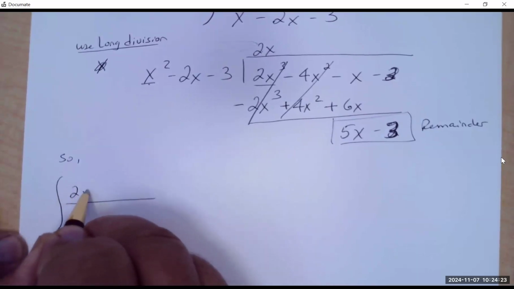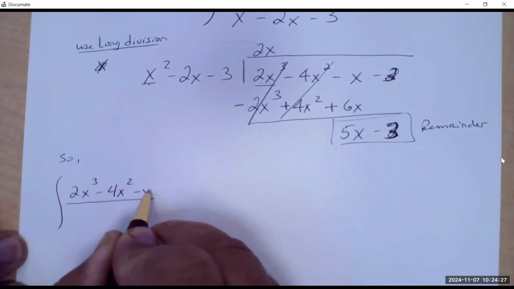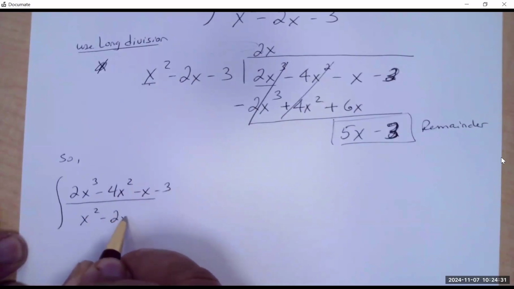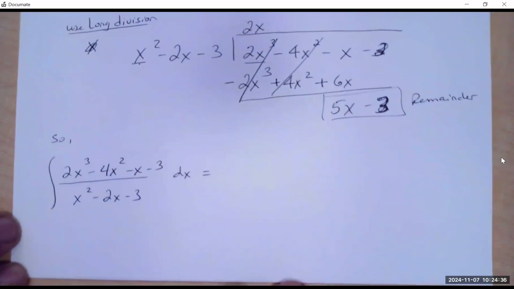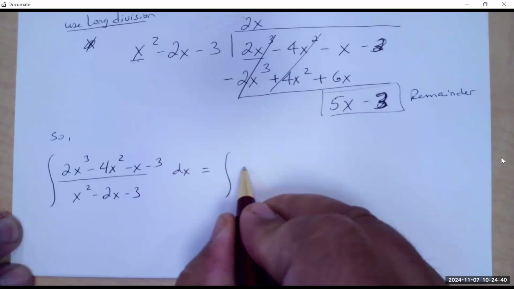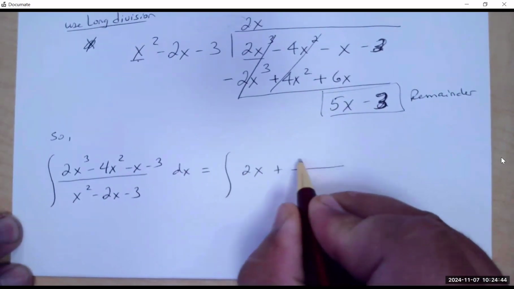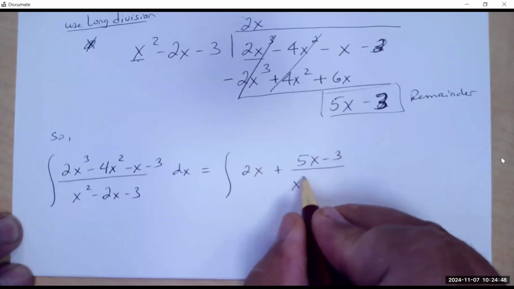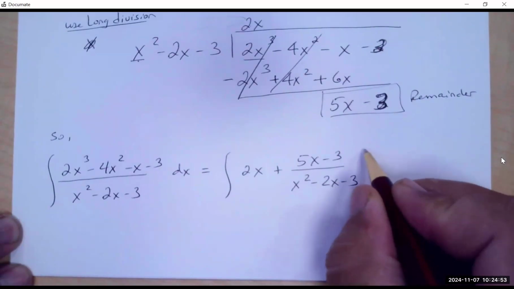So our equation that we started off with can be rewritten as 2x plus 5x minus 3 over x squared minus 2x minus 3.